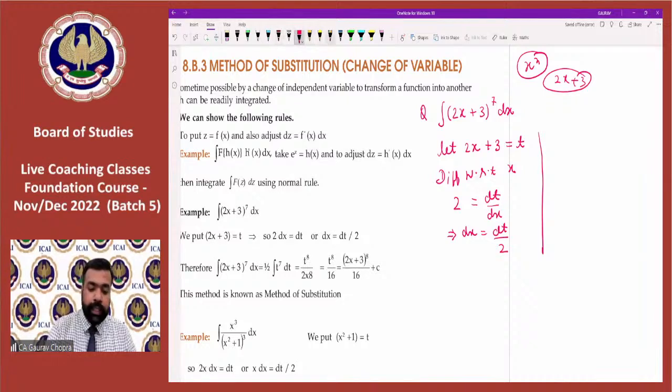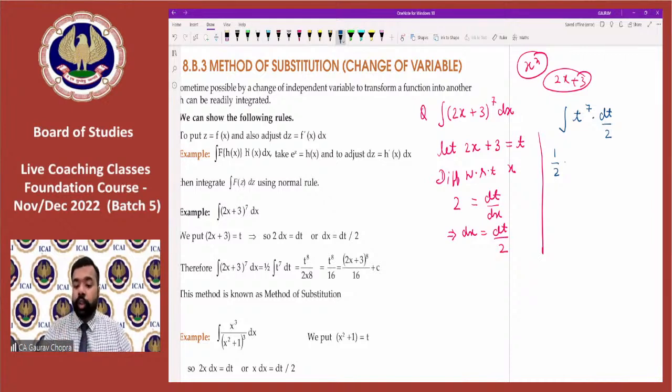Now what about the second step? We have taken 2x plus 3 as t, so we will write t to the power of 7 and dx as dt upon 2. So 1 by 2 is the constant getting multiplied, and it will remain as it is.